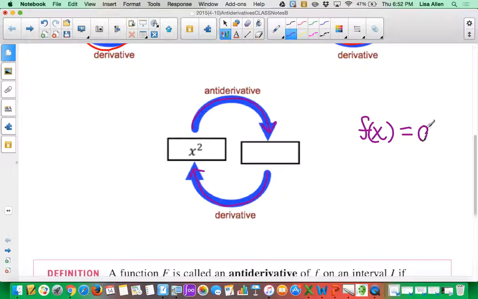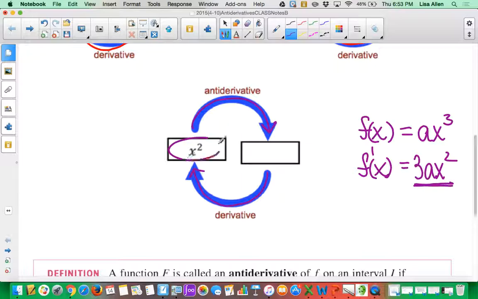I just don't know what the constant is out front, so I'm going to make that ax cubed. So then I'm going to take the derivative. I'm saying I'm going to let F of x equal ax cubed, therefore F prime of x is then equal to 3ax squared.